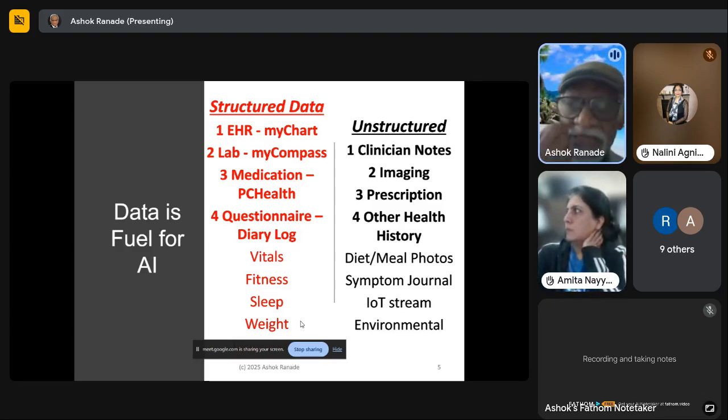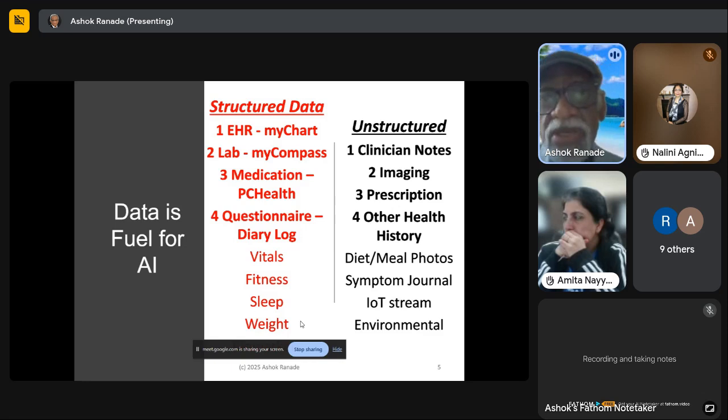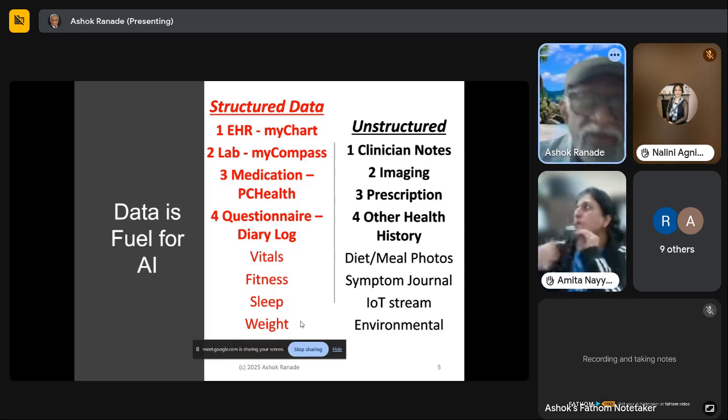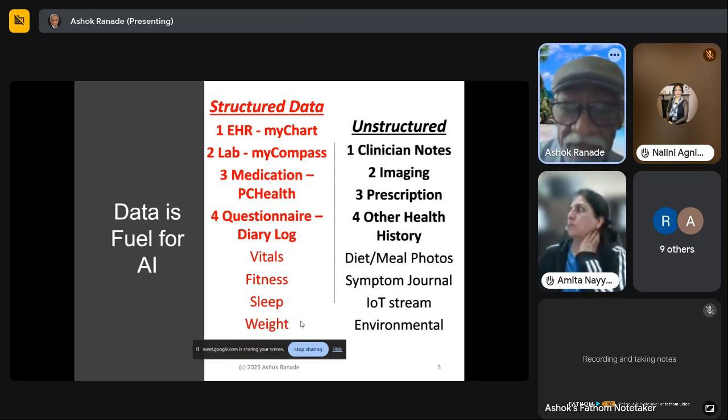For example, you ask somebody what medicines they are taking, what prescriptions they are having. He will take out a piece of paper and show it to you.